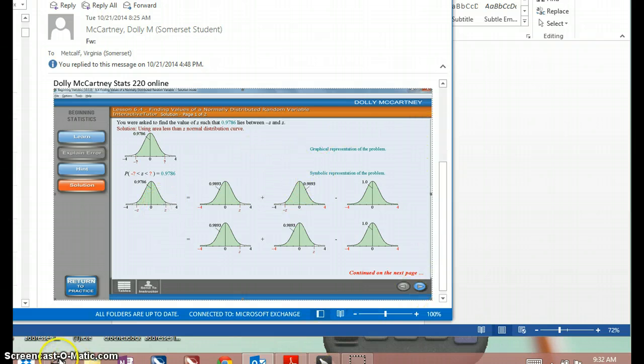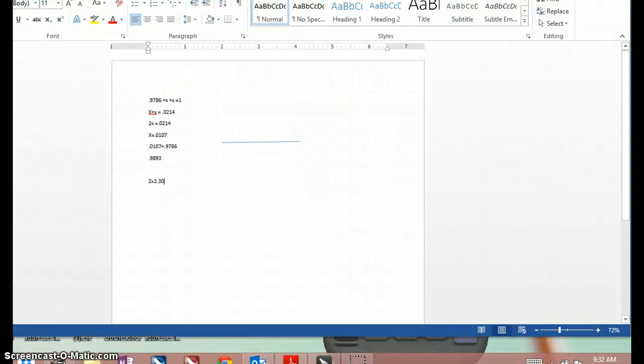Okay, let's go to words. So what I've done is I've taken the 0.9786, that's the area under the curve between z and negative z, plus x, that's my first little empty space, plus x, that's my second little empty space. Since they're the same, I can call both of them the same thing, and that equals 1.